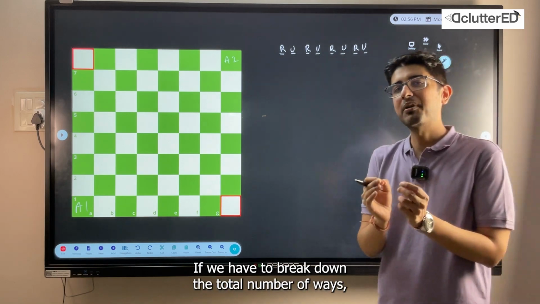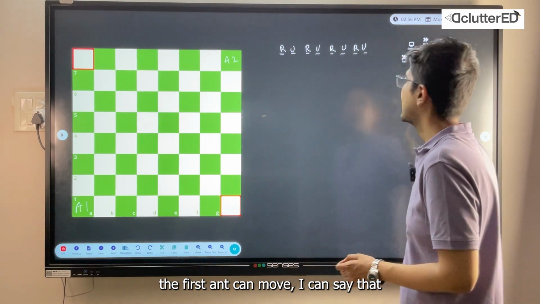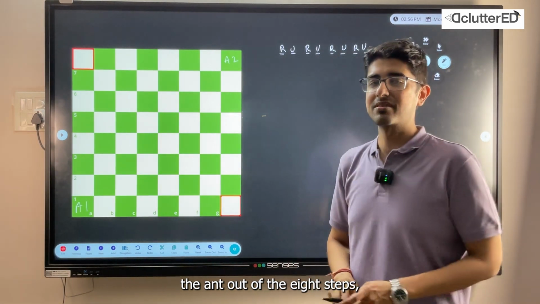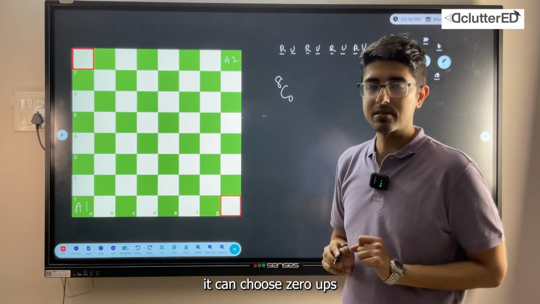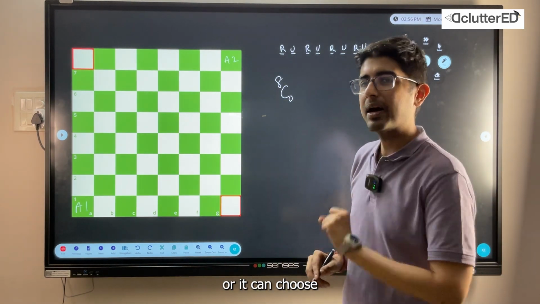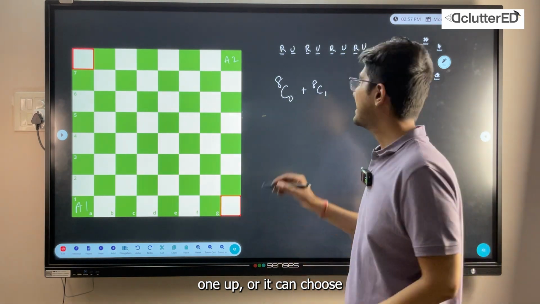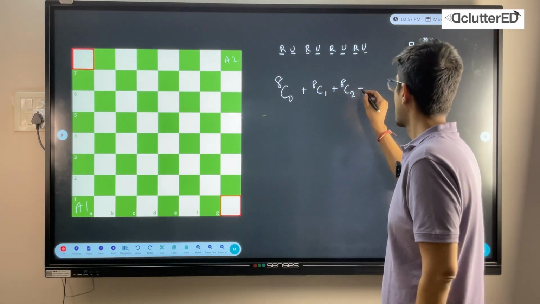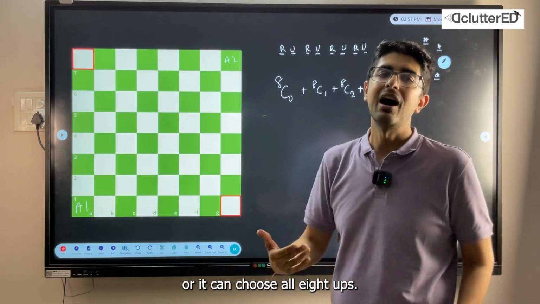If we have to break down the total number of ways the first ant can move, I can say that out of the 8 steps, it can choose 0 ups, or 1 up, or 2 ups, or all 8 ups.